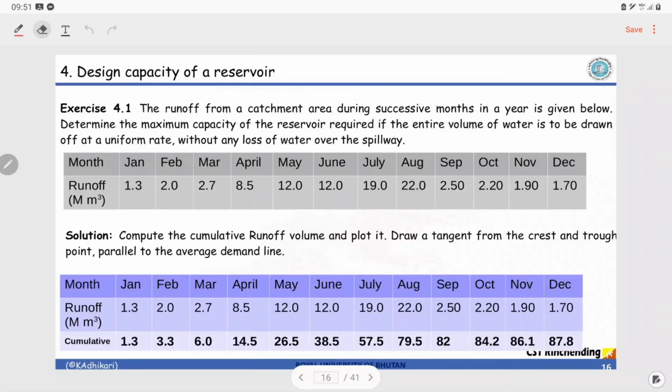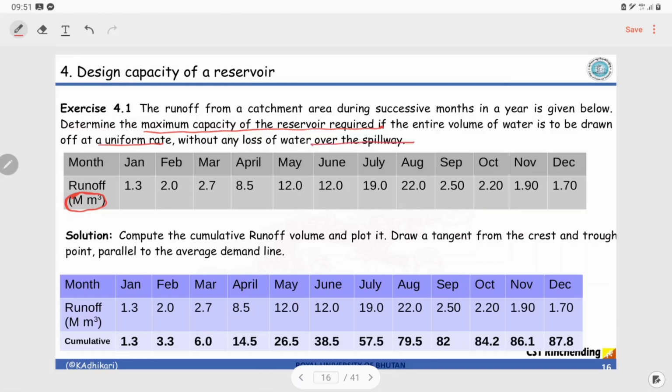Here the question says the runoff from a catchment during successive months in a year is given below, January, February, and so on, the runoff in million meter cube. Million meter cube means this is a volume. Determine the maximum capacity of the reservoir required if the entire volume of water is to be drawn off at a uniform rate without any loss of water over the spillway.